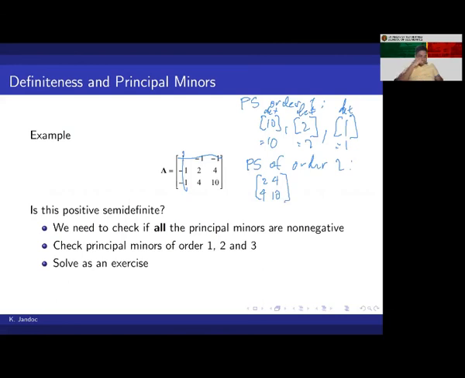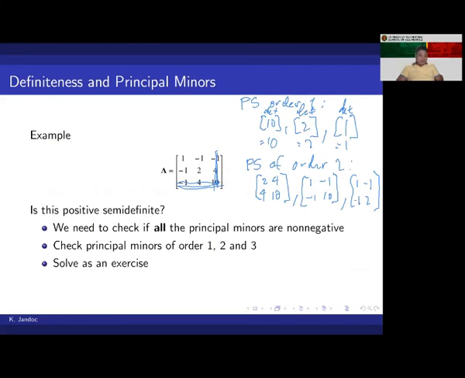Okay, and then next one, when we delete row 2 and also column 2, same number, we're left with 1, negative 1, negative 1, 10. Okay, and then finally, when we delete row 3 and column 3, we're left with 1, negative 1, negative 1, 2. Okay, so these are the principal submatrices of order 2.